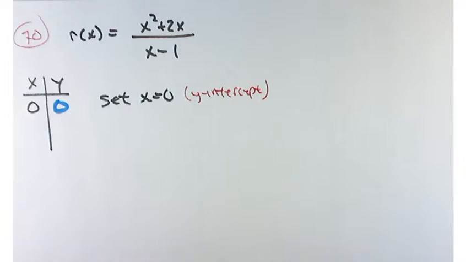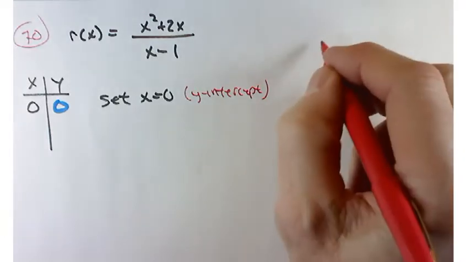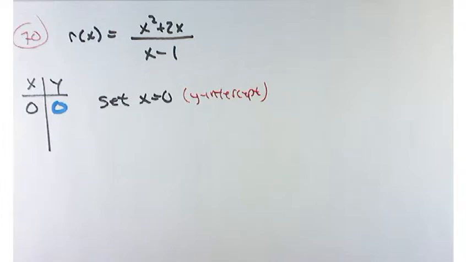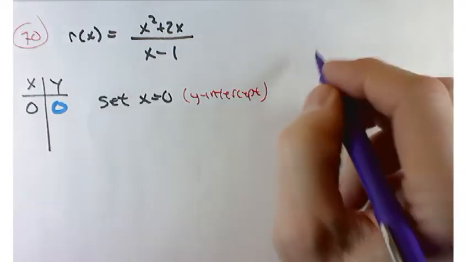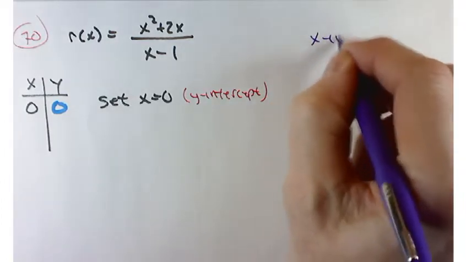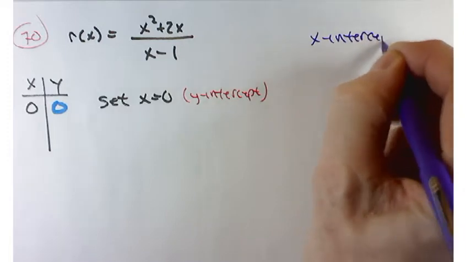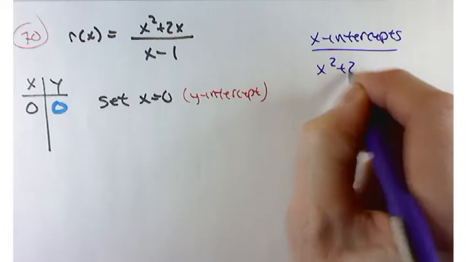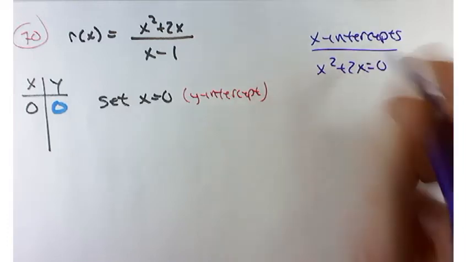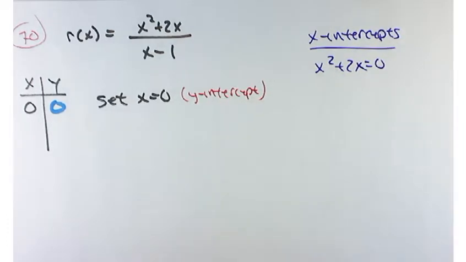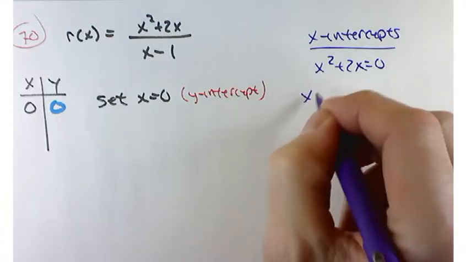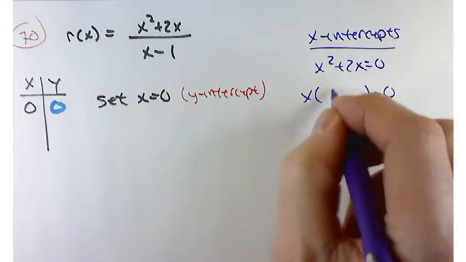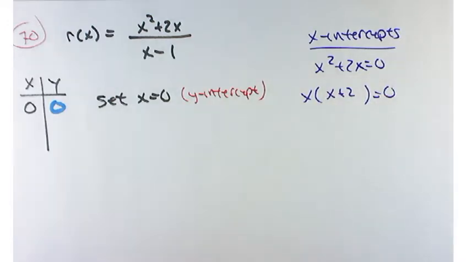Now let's find the X-intercepts. What do I have to do to find the X-intercepts? Thank you. Set the numerator equal to 0. So x squared plus 2x equals 0. Certainly we don't need to pull out the quadratic formula for this one. This one factors. X times x plus 2.